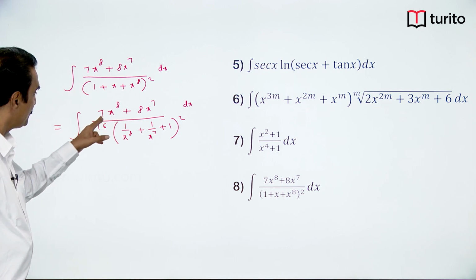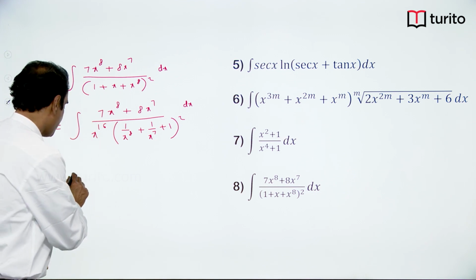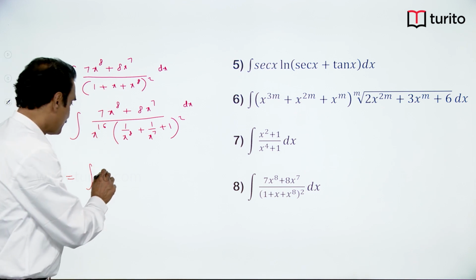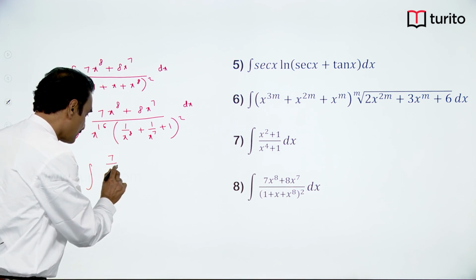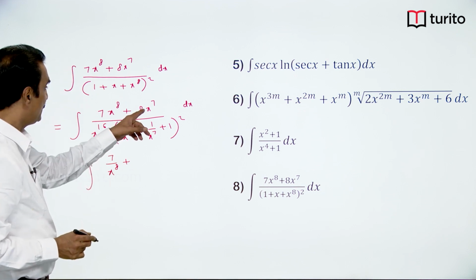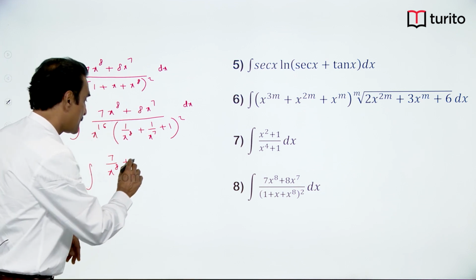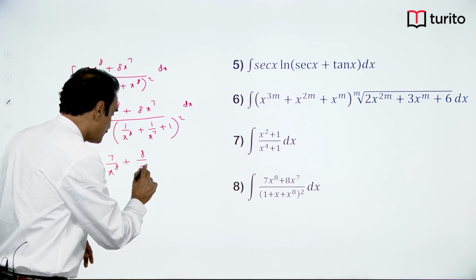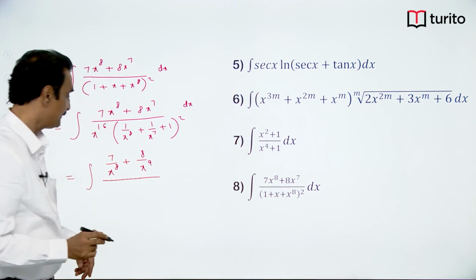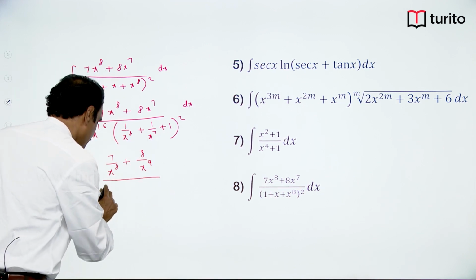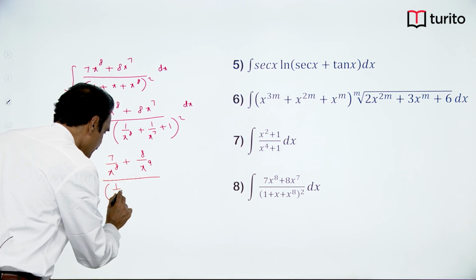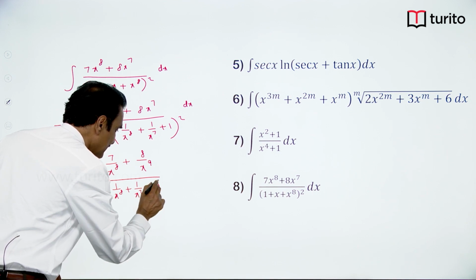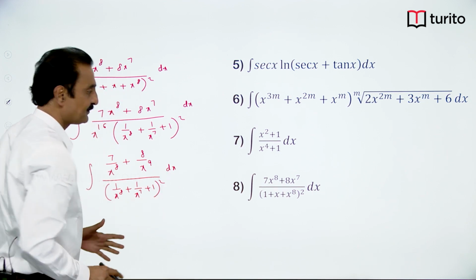Now if you divide numerator by x power 16, you will get 7 by x power 8 plus 8 by x power 9, by this 1 by x power 8 plus 1 by x power 7 plus 1 whole square dx.